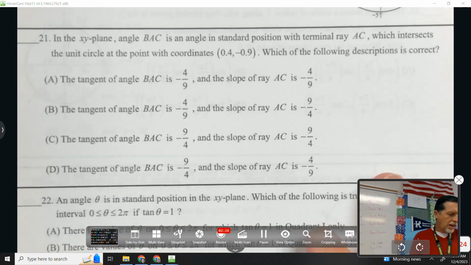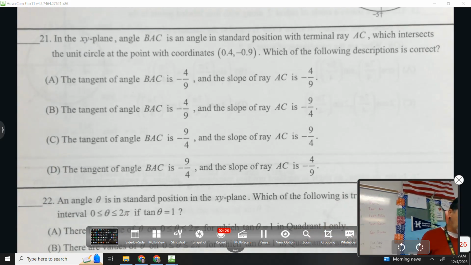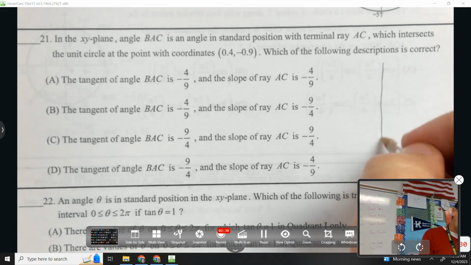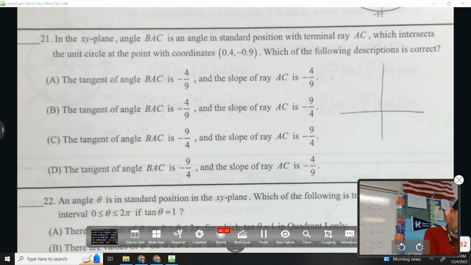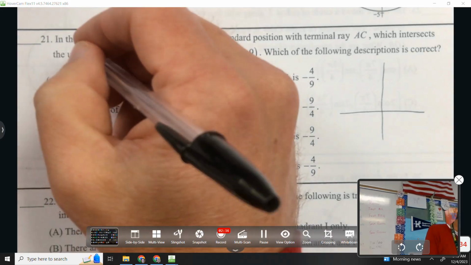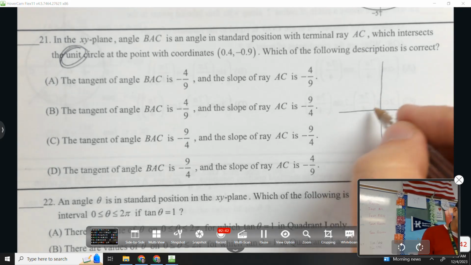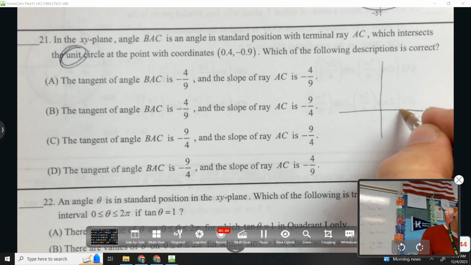21. In the xy plane, angle BAC is an angle in standard position with terminal ray AC, which intersects the unit circle, so we're radius 1 again, with coordinates 0.4, negative 0.9.